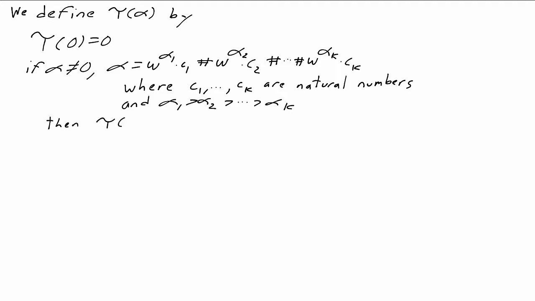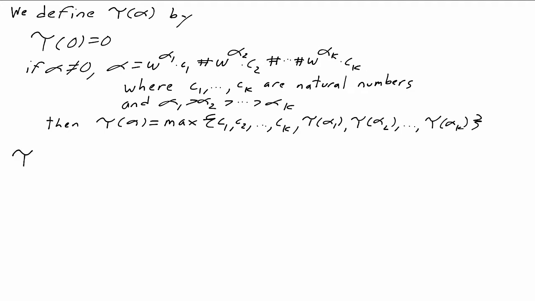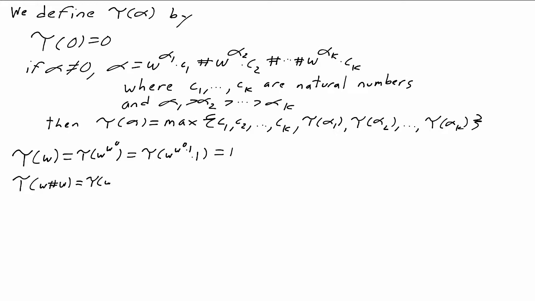Then we define tau of alpha to be the maximum of either the coefficient ci or tau of alpha i. For example, tau of omega, which is tau of omega to the omega to the 0, is 1, while tau of omega plus omega is 2, because there are two copies of this term omega.